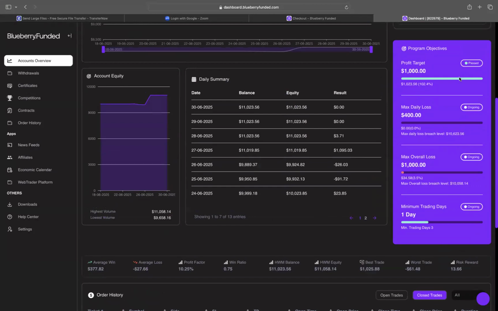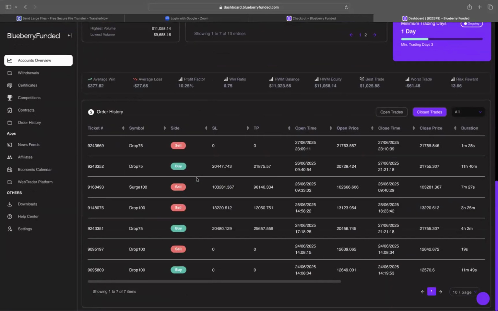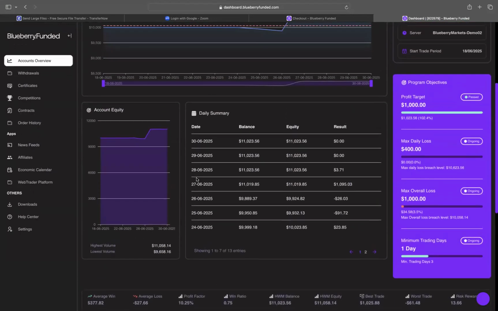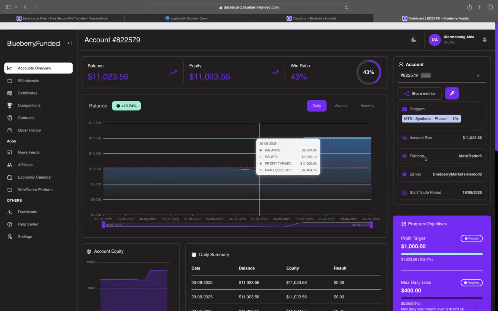My profit target is past $1,000. I think I got a 10K account. My win ratio is 43%. So I just took one trade, made $1,000 on the trade and passed the account. If you check, my overall loss is $34. So I'm just back on profit.